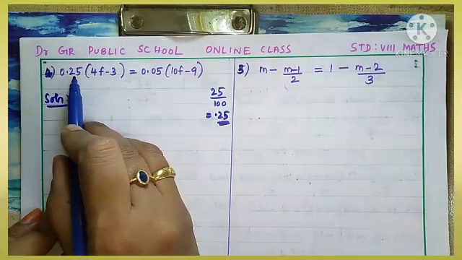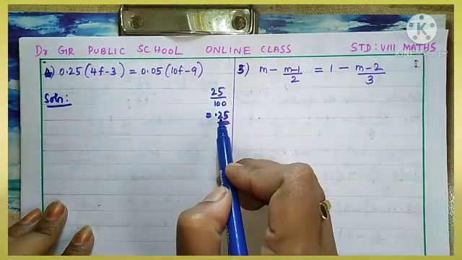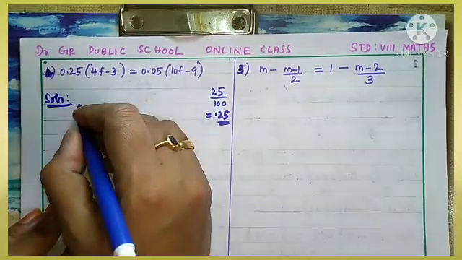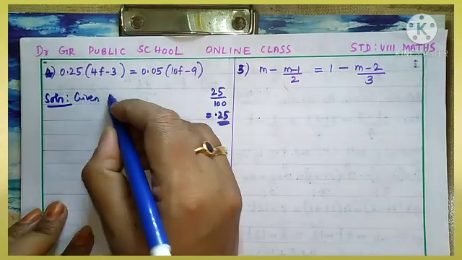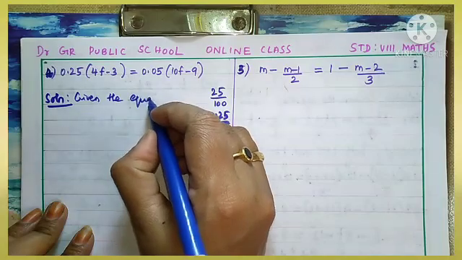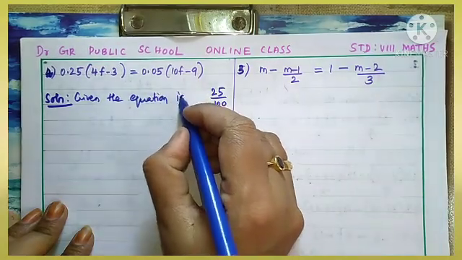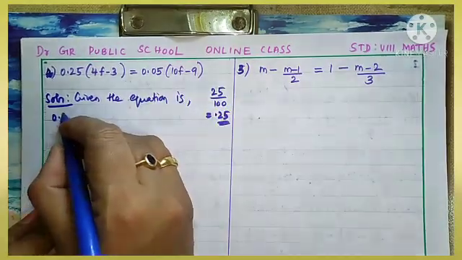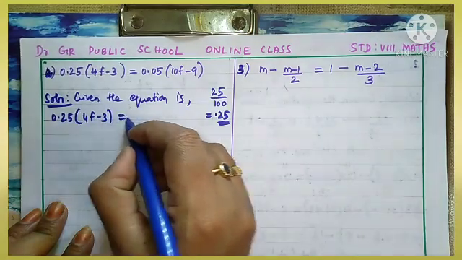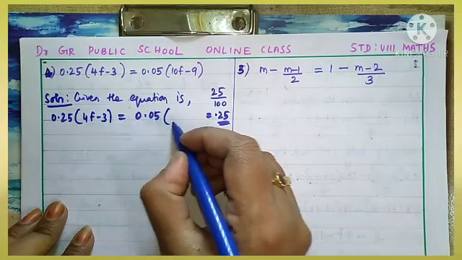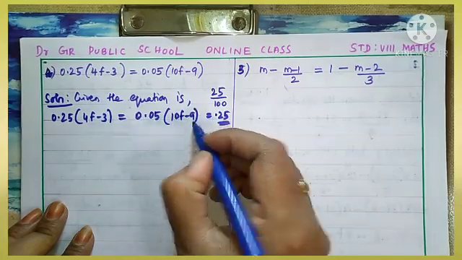So 0.25 we can write as 25 by 100. So first of all you can write the given equation once. What is the given equation now? 0.25 into 4f minus 3 equal to 0.05 into 10f minus 9.